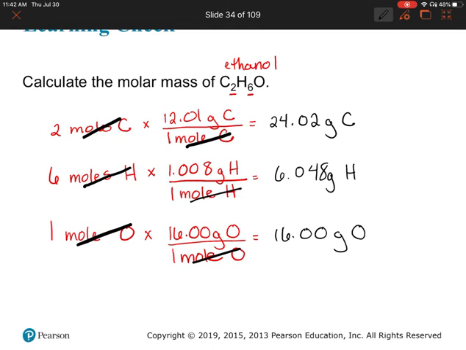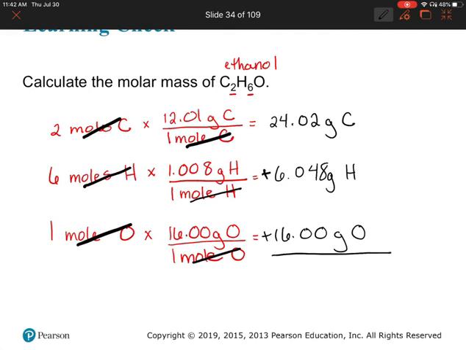Okay, so now we're going to add all of those together. So I'm going to plug that into my calculator here. So we get 24.02 plus 6.048 plus 16.